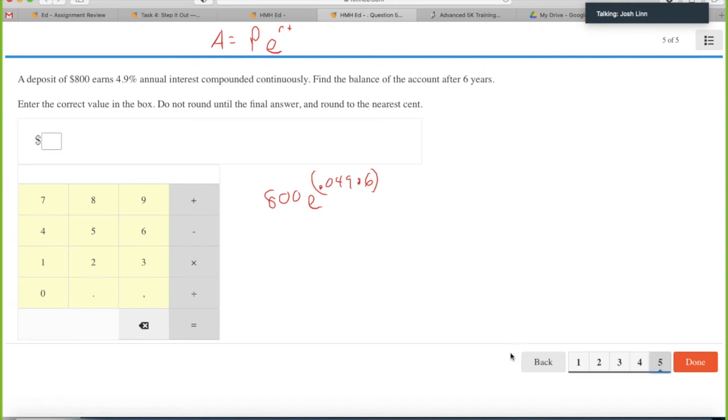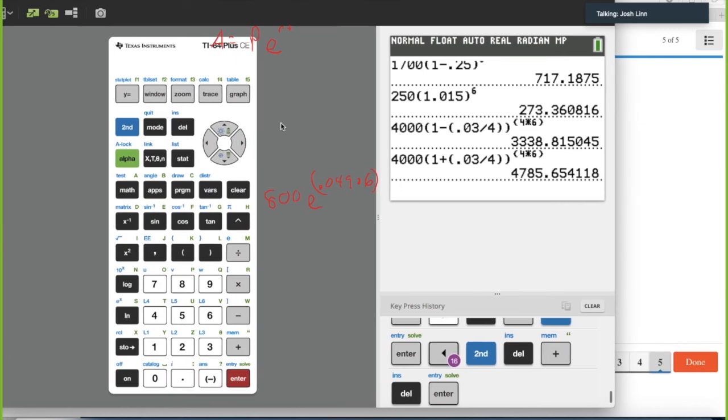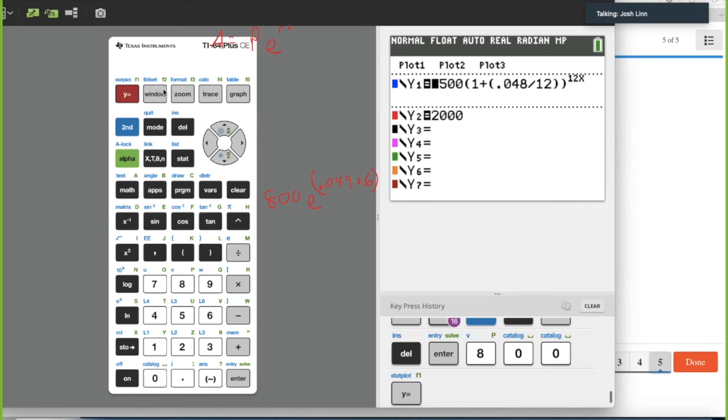So what are we going to do? Go, gadget calculator. I should really learn to write these things in such a way that we can see them when we come over to the calculator. So 800 times e, that's the wrong button.